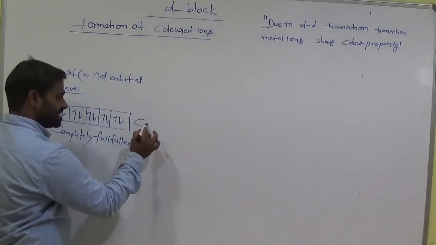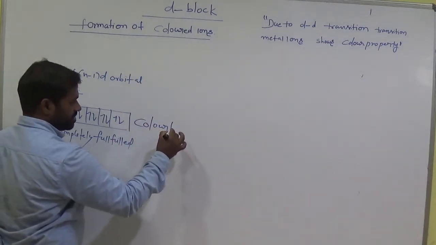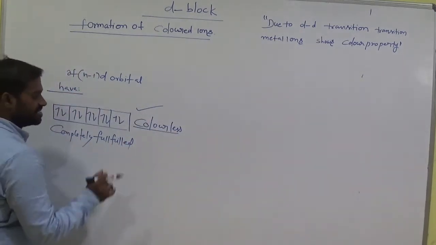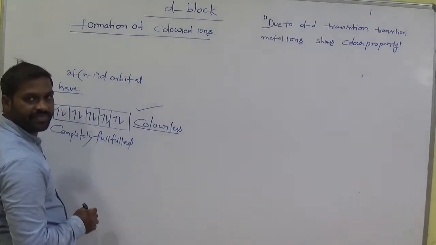So it is the colorless condition. These types of ions are colorless. Clear, everyone?